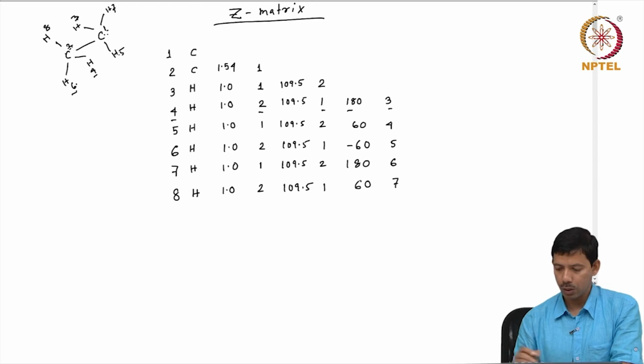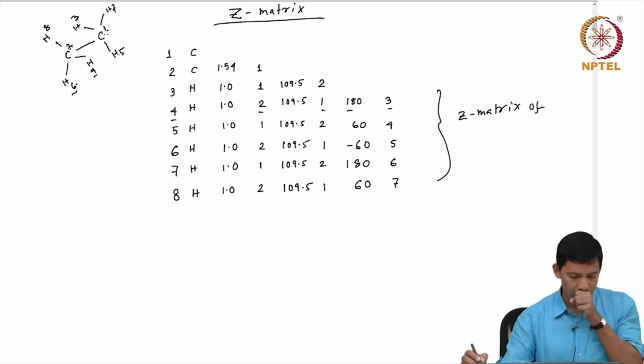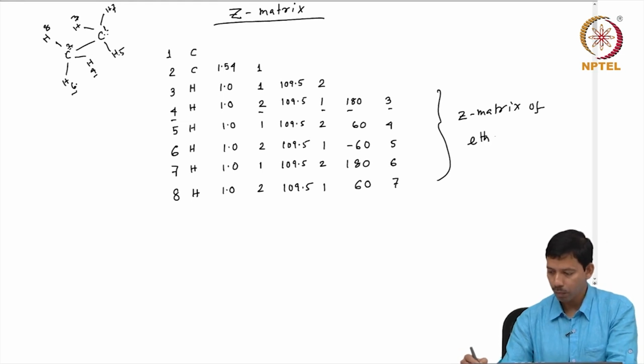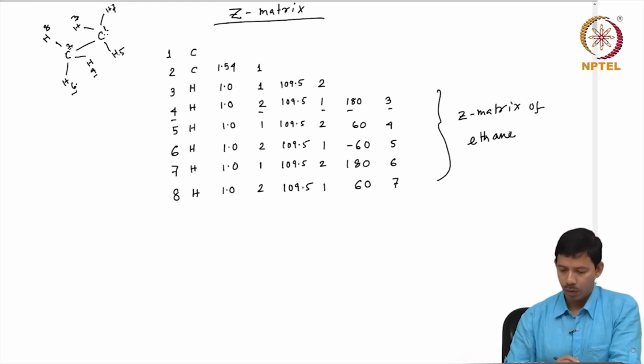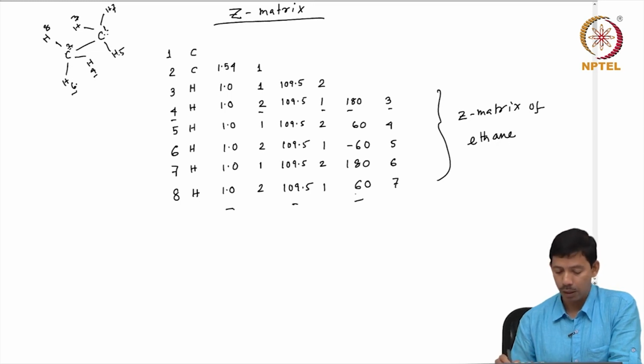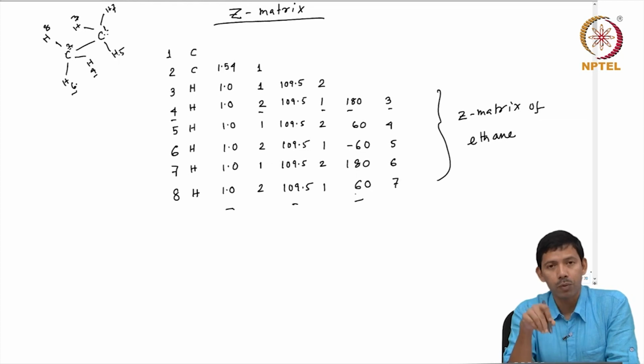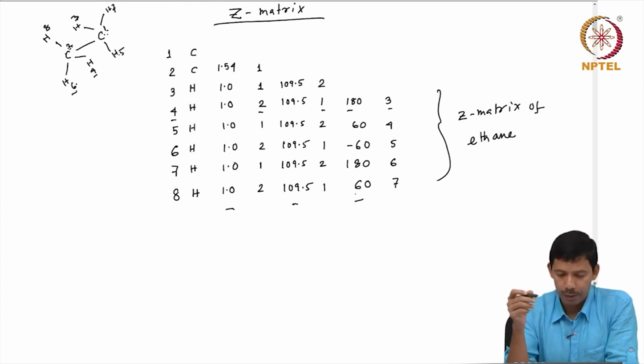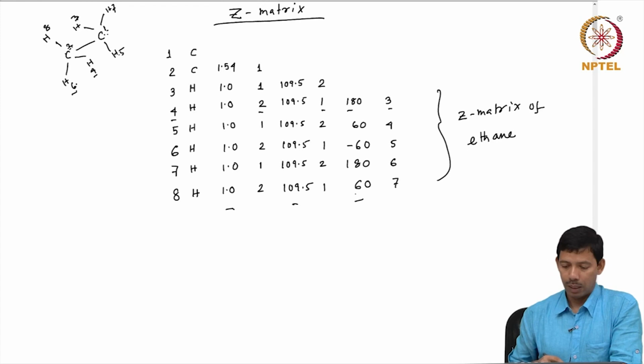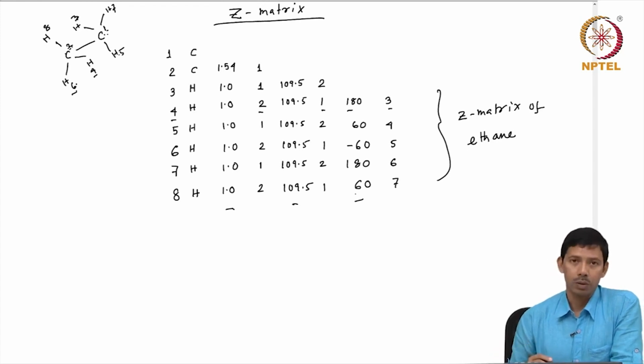Okay, so this is the Z matrix of ethane. If I have a Z matrix, then I can easily get the bond angle and the dihedral values quickly, instead of looking at the XYZ coordinates of each atom and calculating bond angle and dihedral, to make my calculations faster.